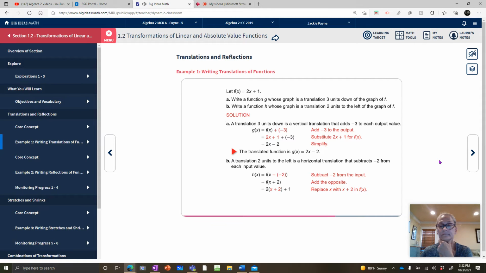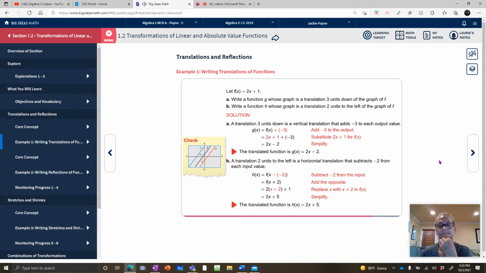Replace the input x with a new input x plus 2 in the function f of x to get 2 times the sum of x and 2, plus 1. Simplify to get 2x plus 5. The translated function is h of x equals 2x plus 5.